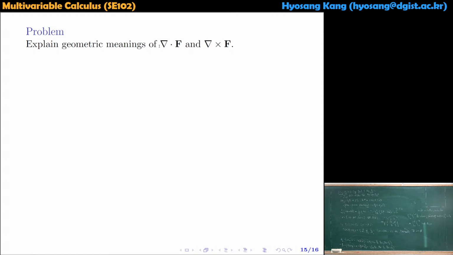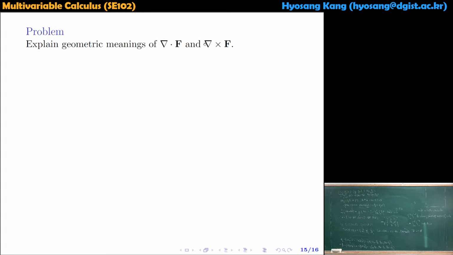So if you think about the unit in the physics of this divergence, it measures the ratio of increment, which is meter square or meter cube over the second, over the meter square or meter cube.